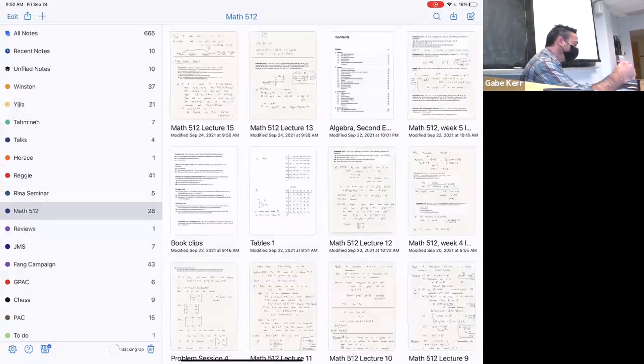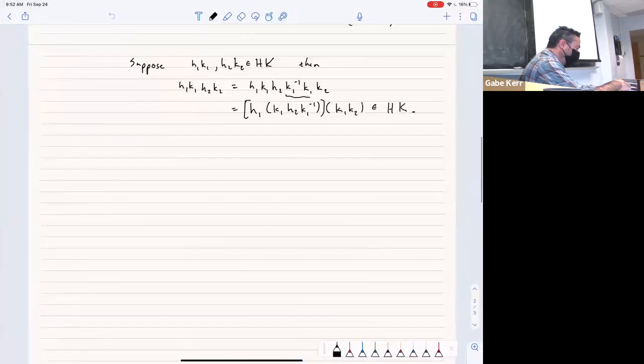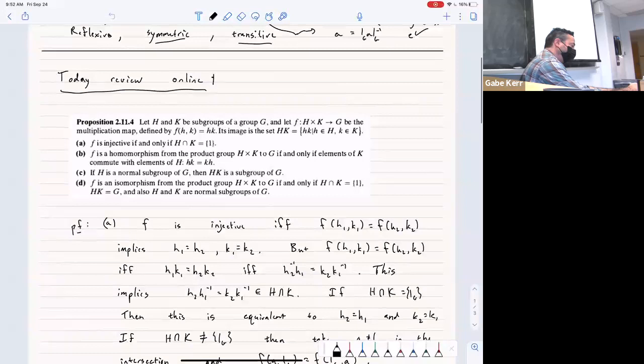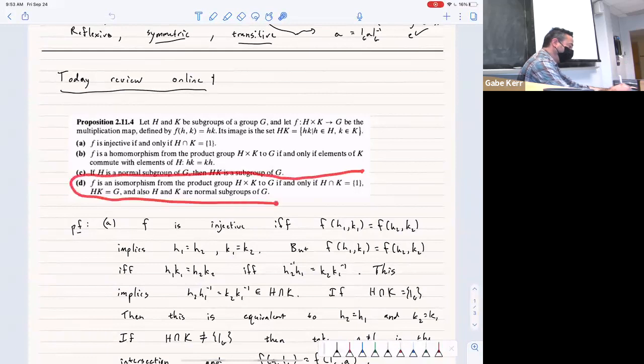That's what I wanted to do. I want to apply this theorem. In particular, I want to look at this last bit. So this last bit tells us when we have an isomorphism.